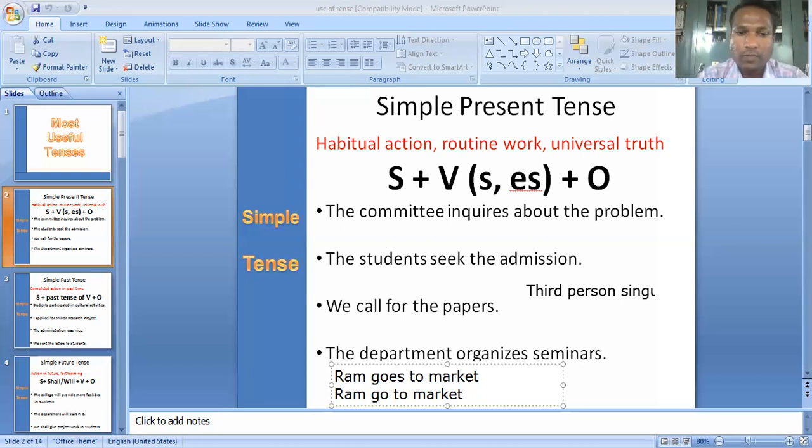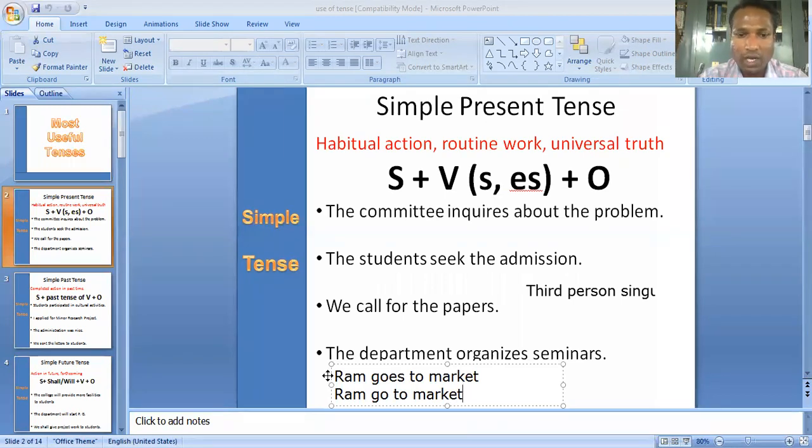Ram. Is Ram third person singular or not? Am I Ram? No. Are you Ram? No. Who is Ram? Ram is the third one. Ram is a third person. Neither the listener nor the speaker, but someone third, and singular. Are there multiple Rams there? There are no multiple Rams.